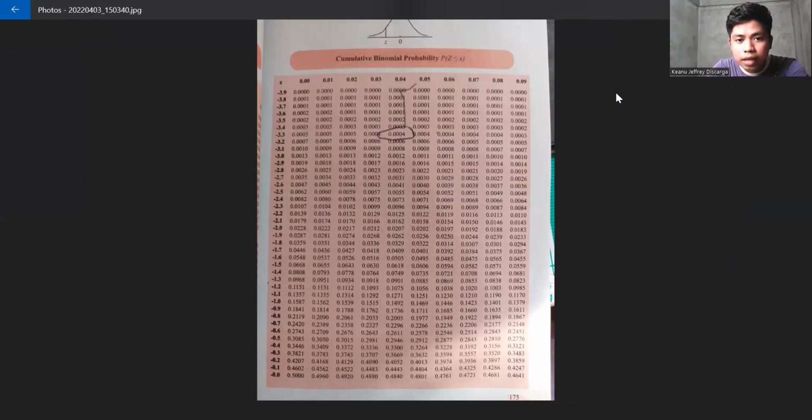Ang nasa taas niya ay 0.04 tapos negative 3.3. Okay.